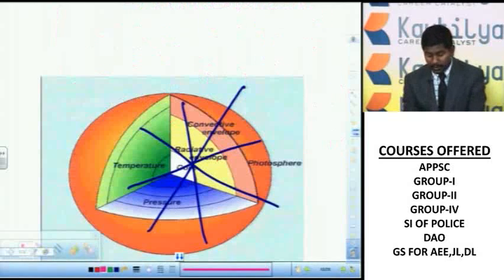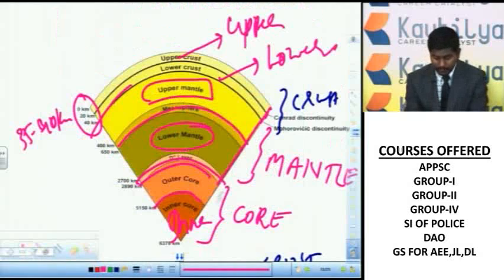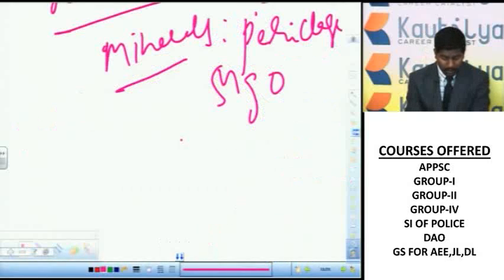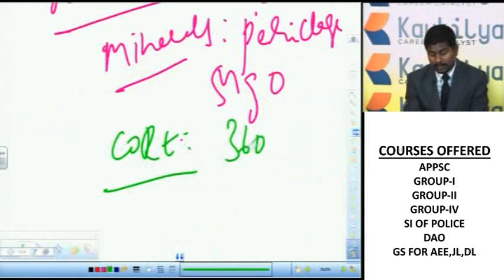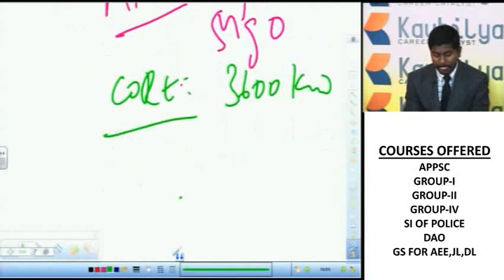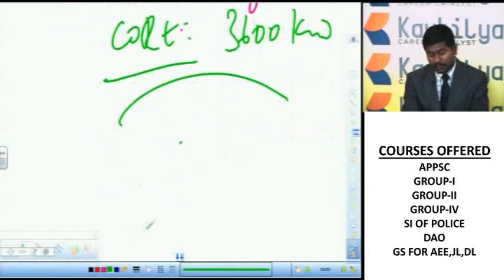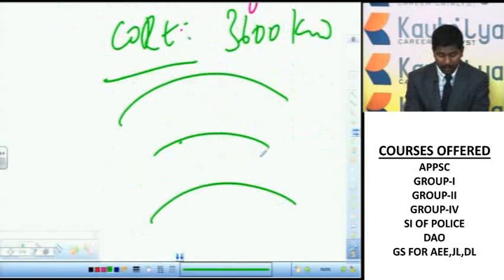Next, coming to the third portion of the interior earth, it is the core. This core is of 3600 kilometers thickness, and it is again divided into two parts, outer core and inner core.